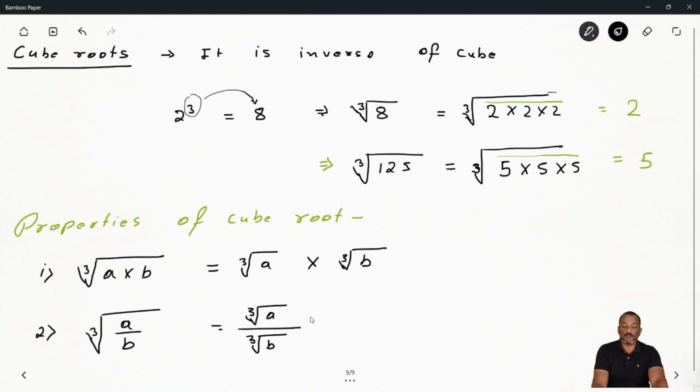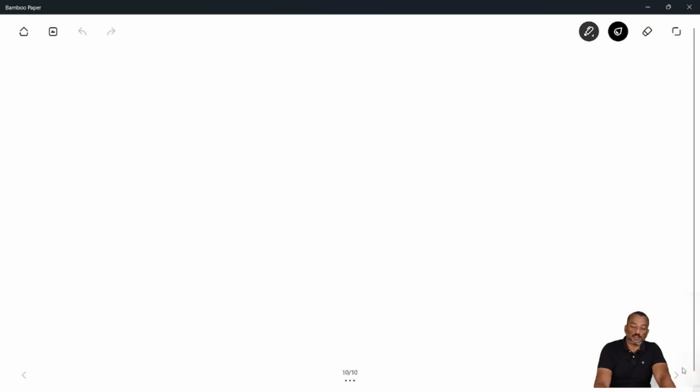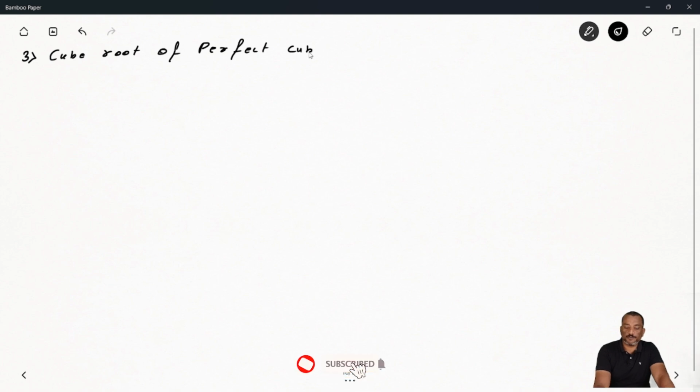These will help you understand what cube roots are. Apart from that, there are a few more properties. The cube root of a perfect cube is an integer.